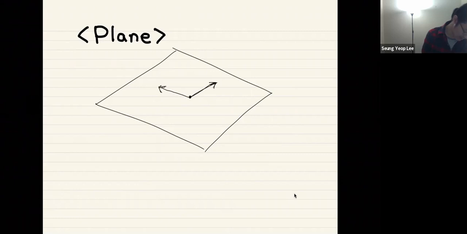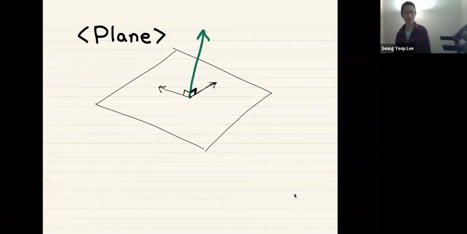That's this vector. The vector that's coming out of the plane, which is perpendicular to any other vector inside the plane. So it is perpendicular to two vectors inside the plane, and of course it will be perpendicular to the whole plane.